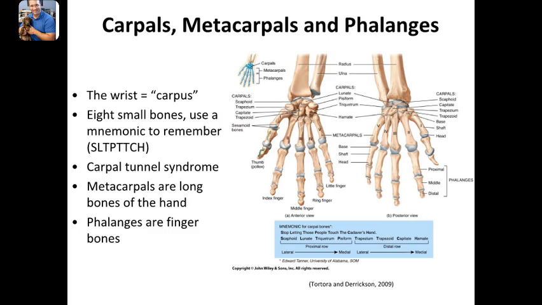Let's say where the second metacarpal, the second ray of the hand, attaches to the proximal phalanx, and the middle or intermediate phalanx, and the distal phalanx of the right second digit. It's a lot of information, right?